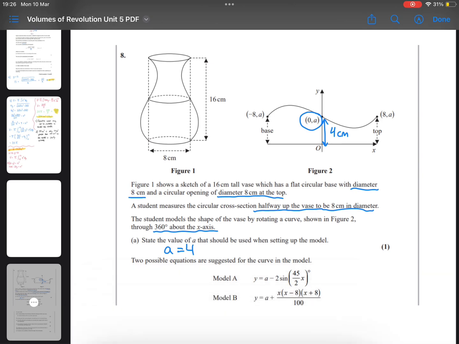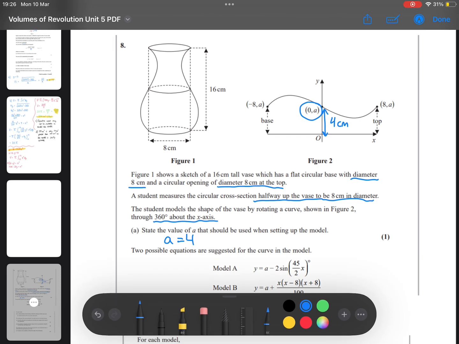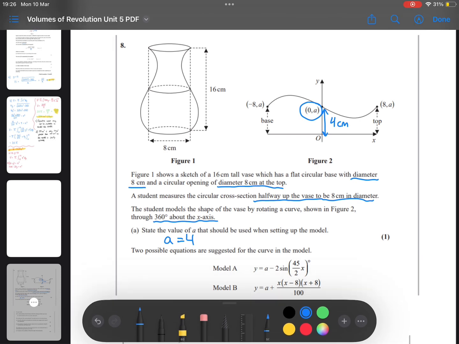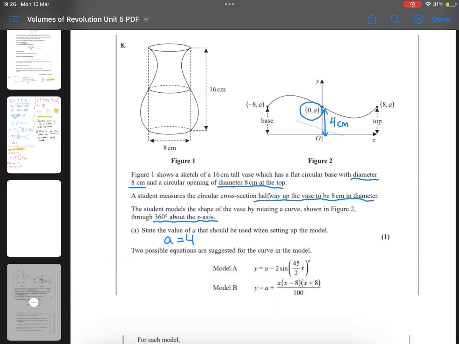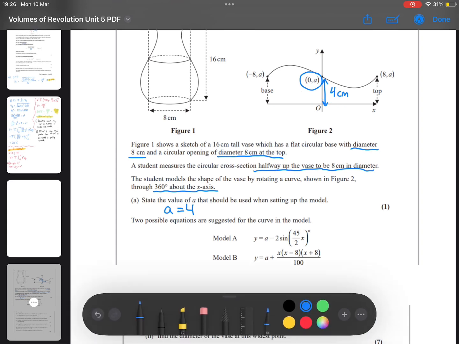And then we're told two possible equations are suggested for this curve in figure 2. So we have model A, y equals A minus 2 sine 45x over 2, and model B, which says that y is A plus, and then we have an algebraic expression which you can read for yourself.